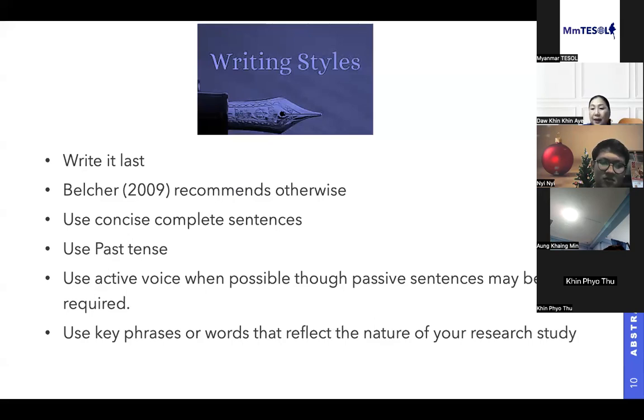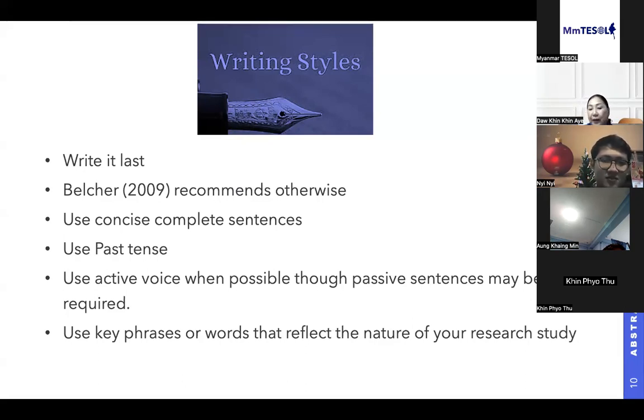But in abstract, this is what is recommended: use active voice when possible, though passive sentences may be required. Okay, because actually time has already changed. Before, it must be objective. Now, these days, they would like us to claim our ownership. That's why I think it's changing, and we need to check what is trendy and see what we need to do.